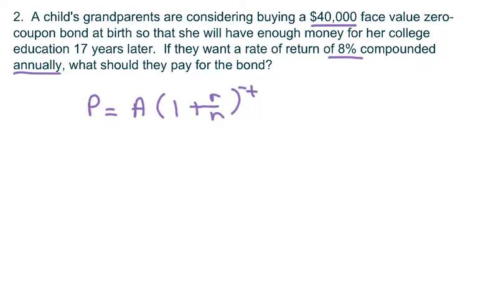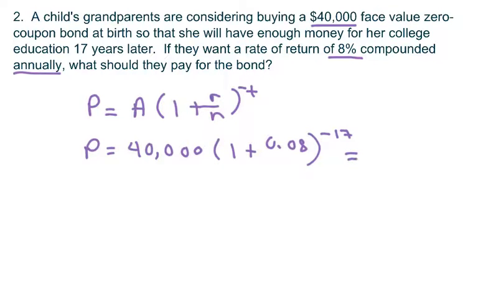It's going to be negative. So basically we have P equals 40,000 times 1 plus 0.08 over 1, so I'm not going to put the 1, and it's going to be negative 17. And this gives you $10,810.76.